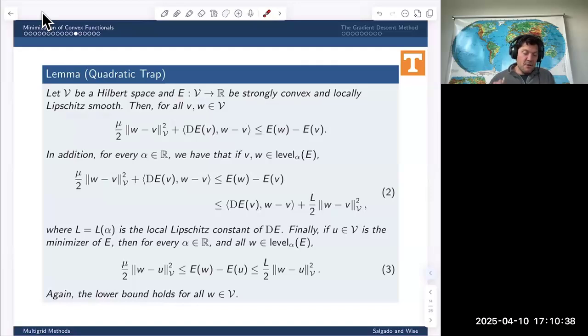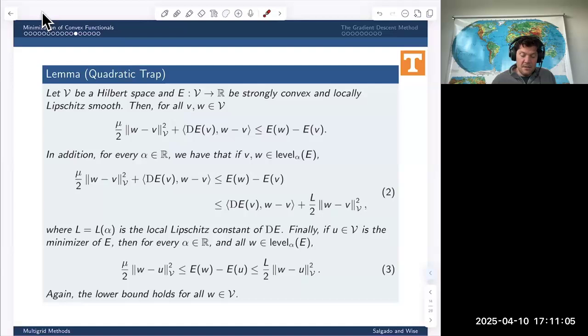All right, so if this holds, then for all v and w in V, we have this expression. This gives a characterization of what we call the lower quadratic trap. I'll come back to this next time and I'll draw a nice picture for you. This is the lower portion of the trap.